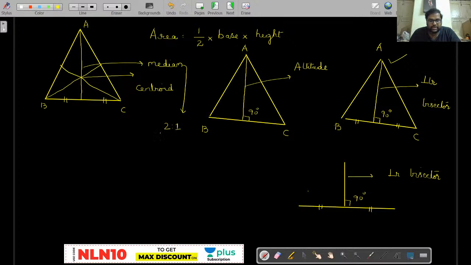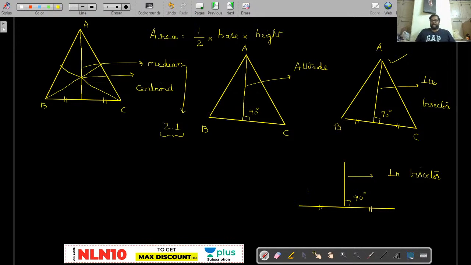This is the point that you have to know. I think you are clear with median, altitude, and perpendicular bisector. So I will not confuse you by saying incenter, circumcenter, orthocenter right now. I will discuss it later. Let us be clear on this.